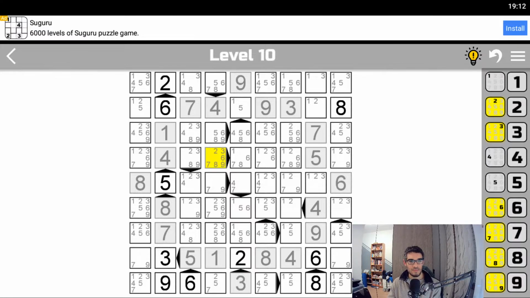So yeah, 6, I got 4 6s as well. So I should check the 6s. Maybe I might find a 6 that is repeated only once in some weird spot. No, I haven't found it yet.